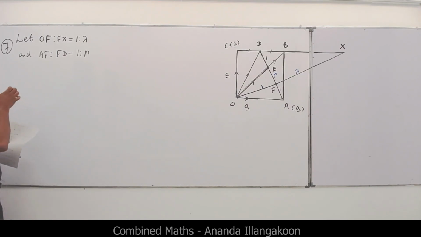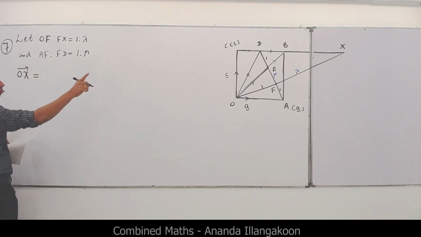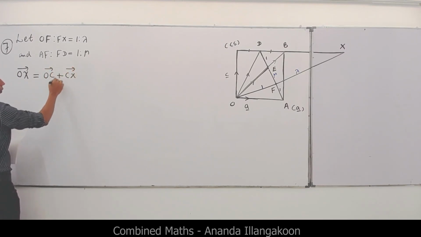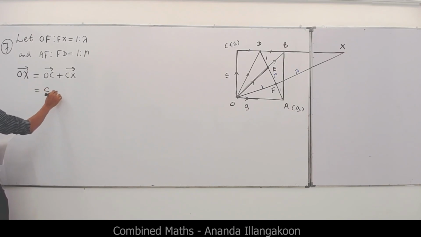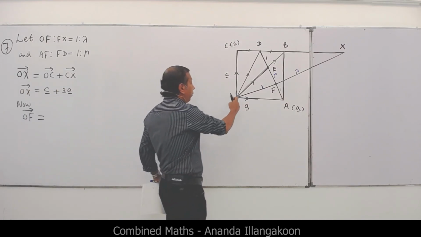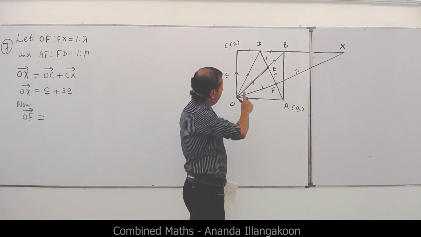This OF vector I am going to write in 2 ways. First we will write OX vector. OX vector you can write OC plus CX. OC vector is simply c. CX vector given as 3 times vector a. Right. Then we get OX vector. Now I can write this OF vector as a part of OX vector.